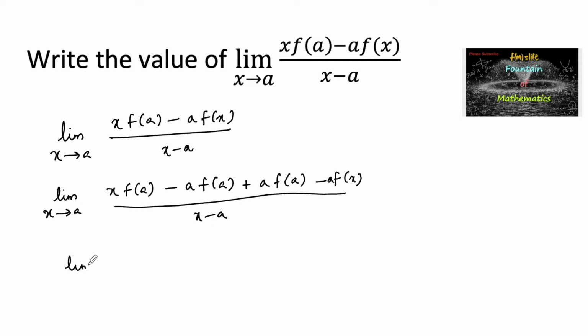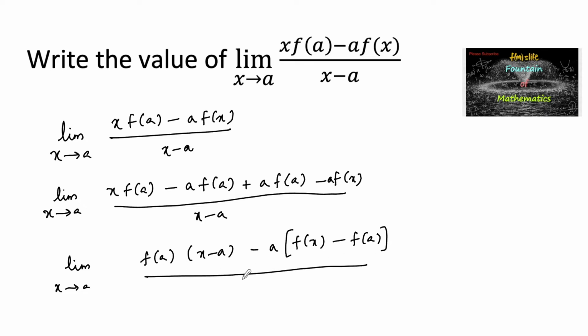This can also be written as limit x tends to a. We can take f of a common and write x minus a, and here we can take minus a common and write f of x minus f of a upon x minus a.